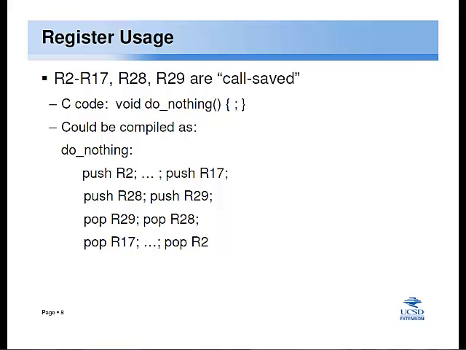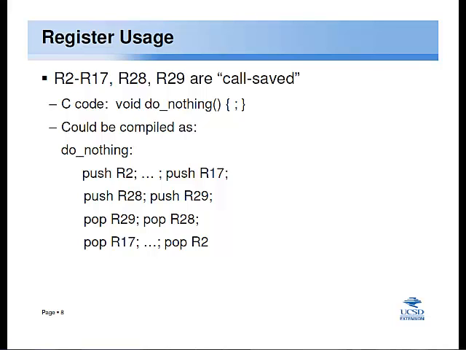Of course, there are other ways to do this. You can move each one of them into an intermediate register, and then push that register onto the stack, and you keep pushing the same register. Then you pop one register, move it into another register, and then you pop again, and move again. In this case, I'm pushing one by one and popping one by one, but there are many ways to do this.